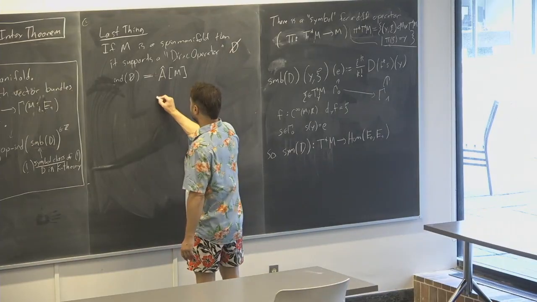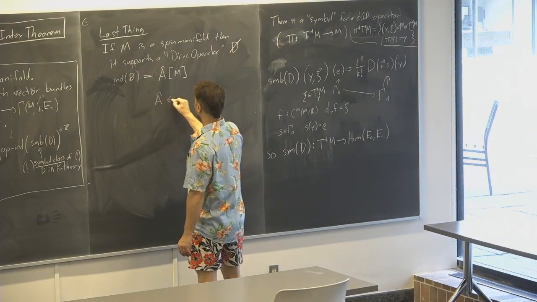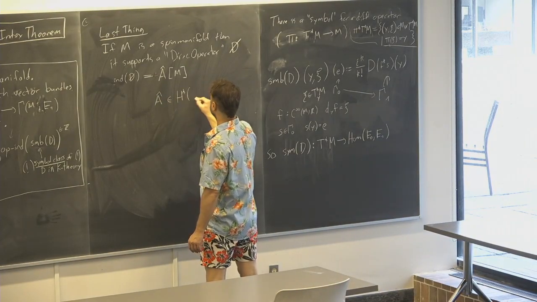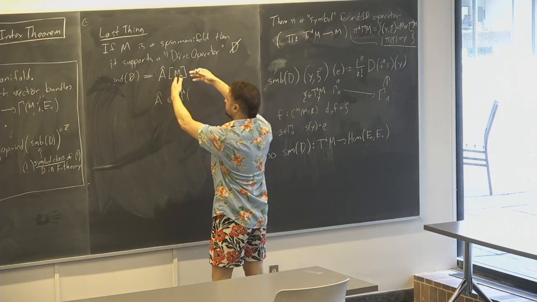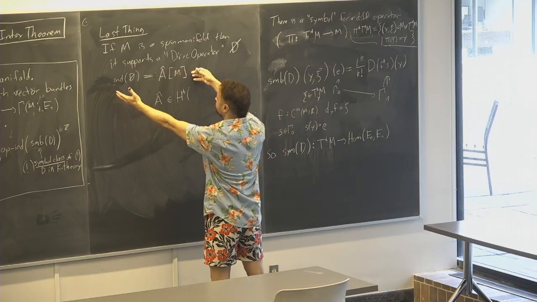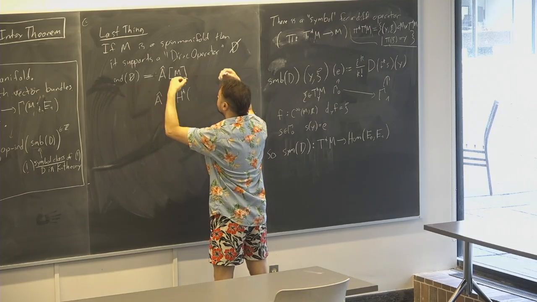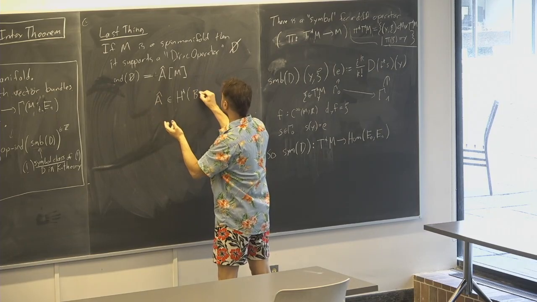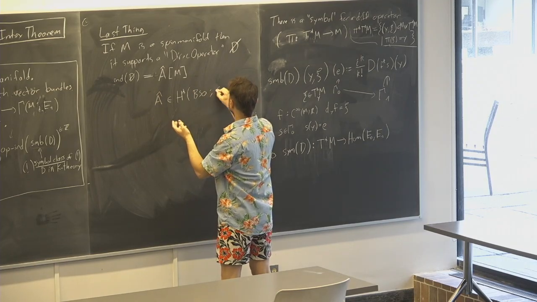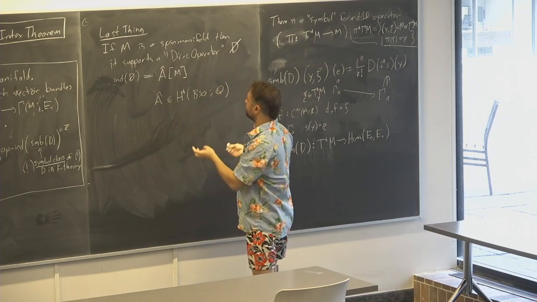And so A hat is a characteristic class living in, well, this says that you can define it for spin operators, but the actual expression makes sense just in terms of Pontryagin classes.